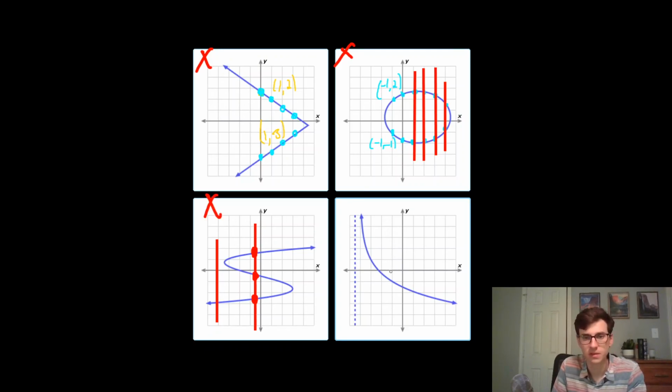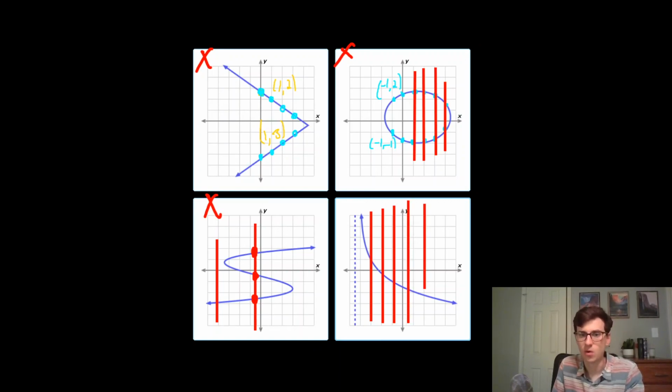Okay, what about this line? Hopefully this is a little more intuitive to you now, but no matter where you drew a vertical line, it only hits the function 1 time.